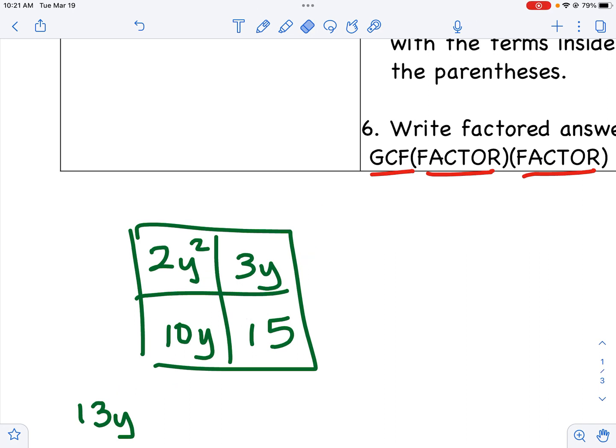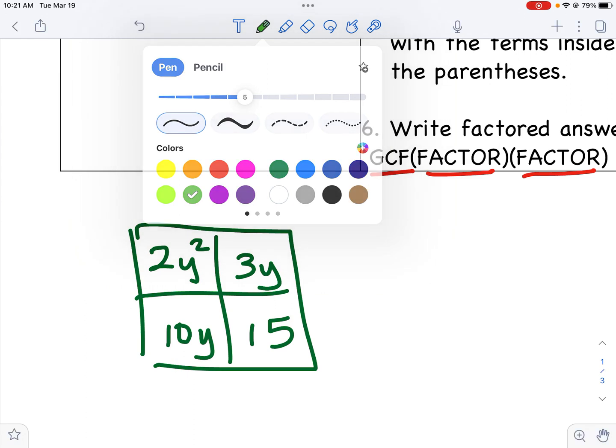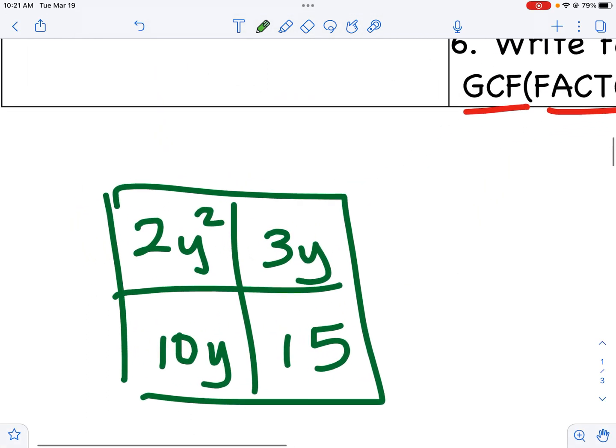So what we're going to do is figure out how to get the numbers in the box. So 2y times a y is going to give me that. And I know this is what these two have in common. See it? 2y squared and 10y, they have a 2 and a y in common.